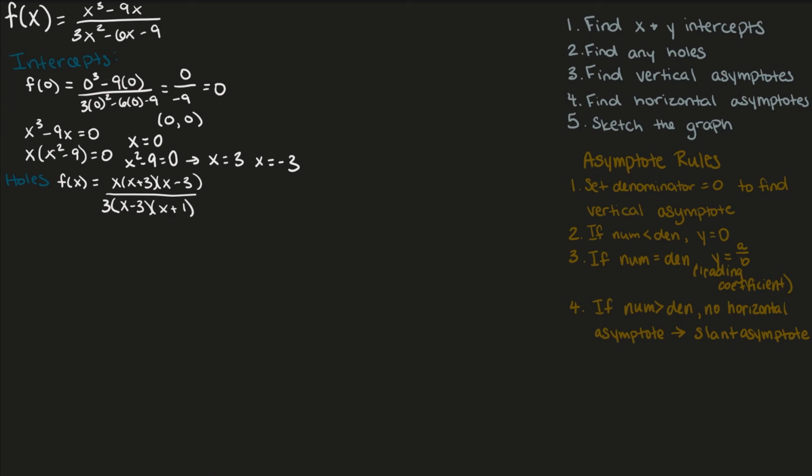Notice that we have x minus 3 in our numerator and our denominator. That means these can be canceled and we have a hole in our graph at x minus 3 equals 0, or x equals 3. And this also means that we cannot have a 0 at x equals 3 because there is a hole there.